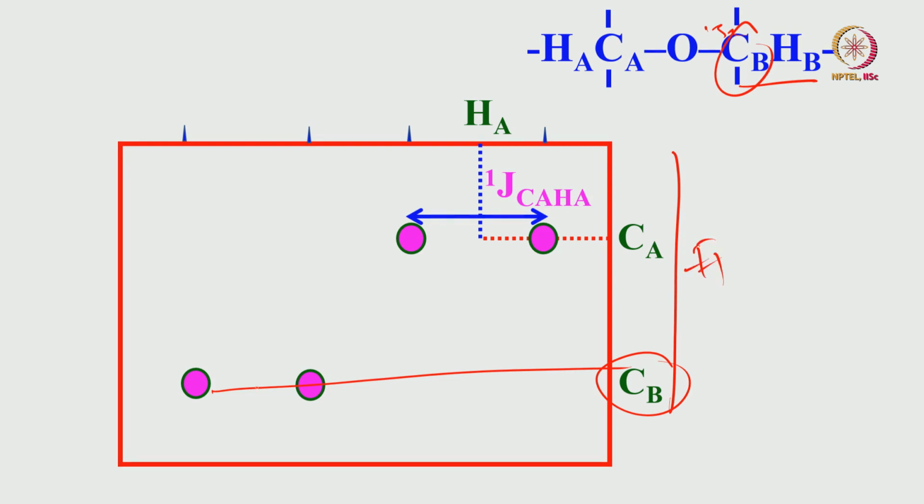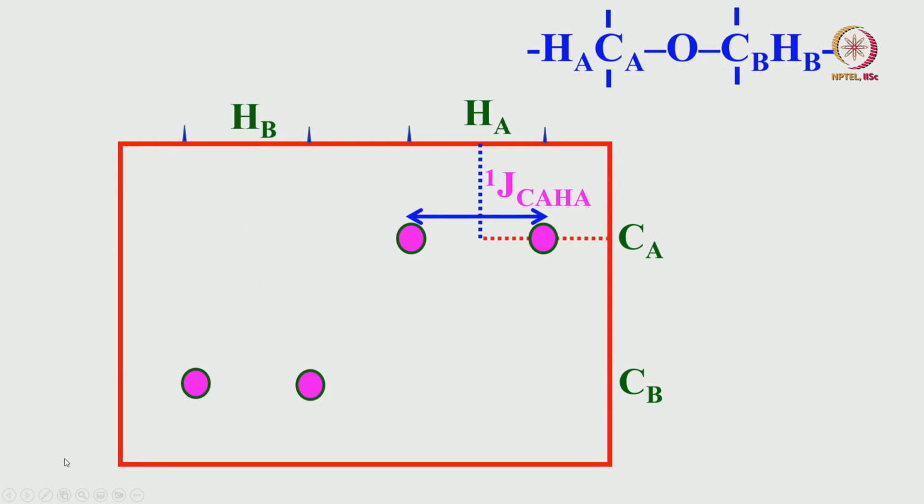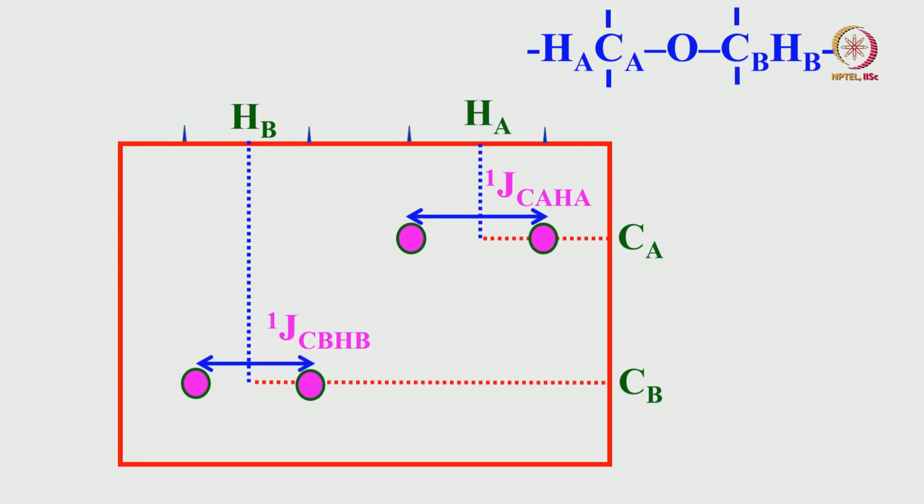And from exactly the center, you go vertically up. What are you going to get? You are going to get the proton B chemical shift. Again, this separation corresponds to the one bond CBHB coupling. This is the spectrum you get in the F2 coupled HSQC.